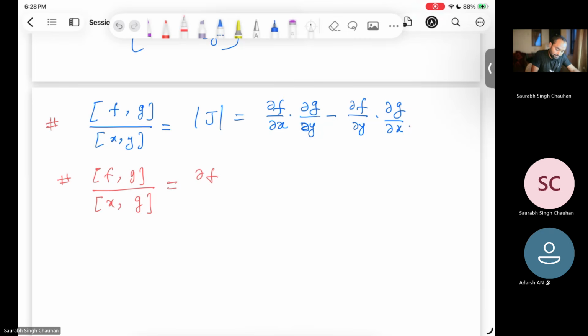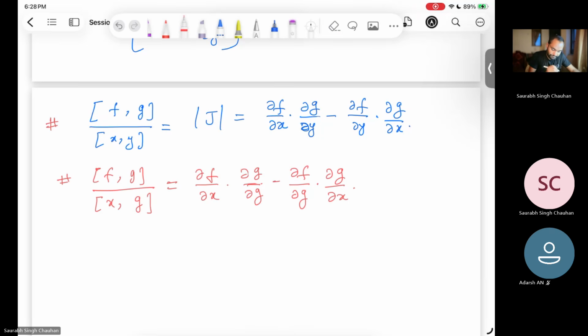Then it will become the partial derivative of f with respect to x times the partial derivative of g with respect to g, minus the partial derivative of f with respect to g times the partial derivative of g with respect to x.